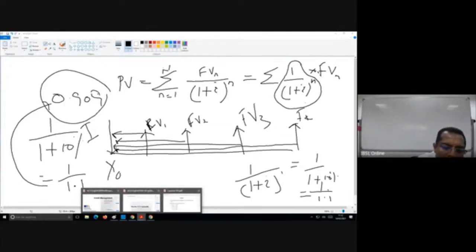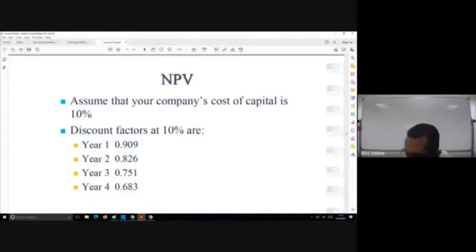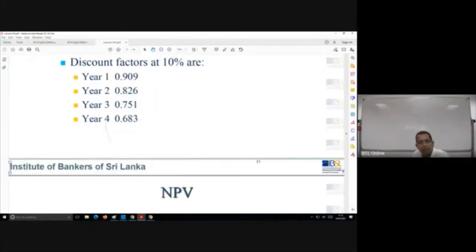This is the discounting factor. Normally, if they ask you to do a calculation, they will give you these discounting factors. Discounting factors are 1 upon 1 plus I to the power n, right? First year power 1, second year power 2, third year power 3, like that it goes on. These are the discounting factors, right?